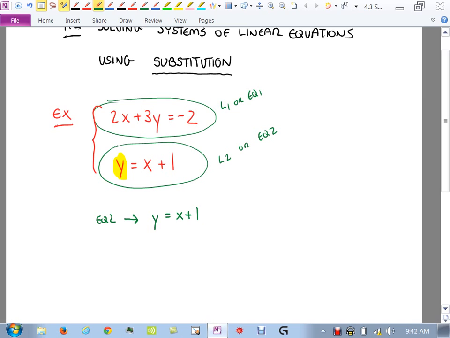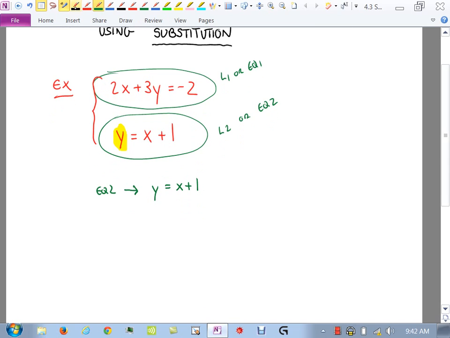We're going to substitute this y into the first equation. So now is the critical step called substitution. We substitute y equals x plus 1 into equation 1.